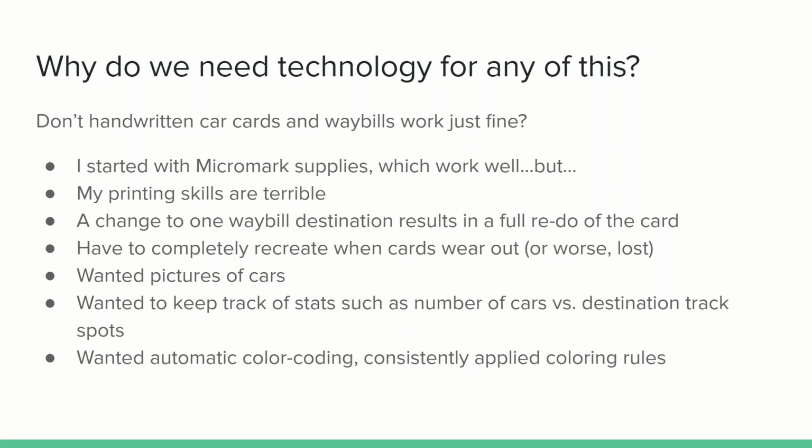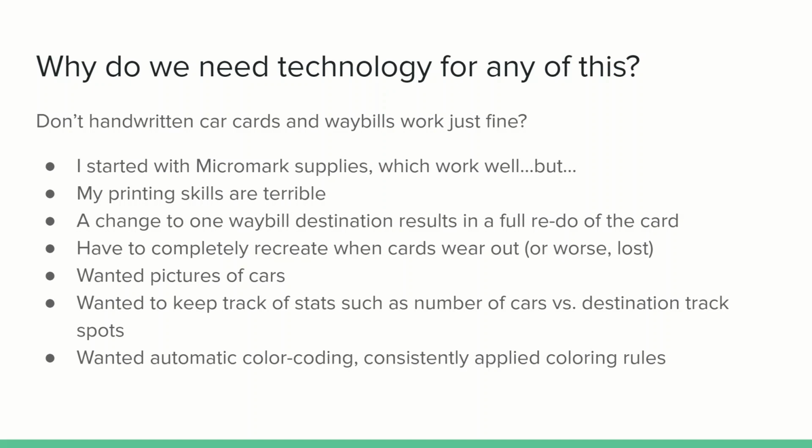Let me just take a little step back here and talk about why would we use technology for any of this? Can I just do this with handwritten cards? The prototype through most of the era that I modeled, certainly in the late 50s, would have used manual typewriters for filling out forms, and in other eras it would have been just a handwritten document or form filled out by hand.